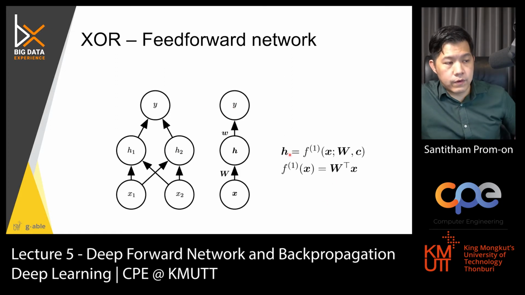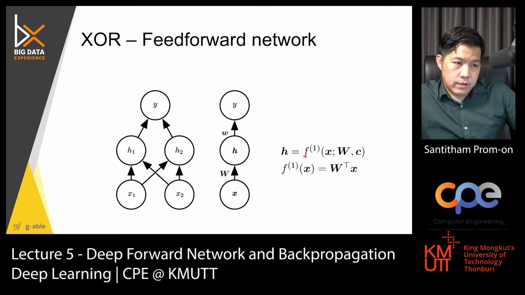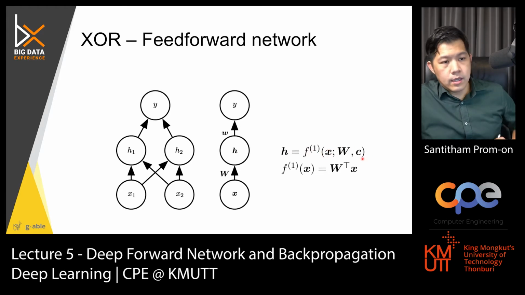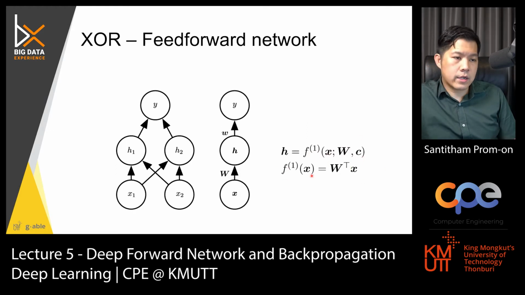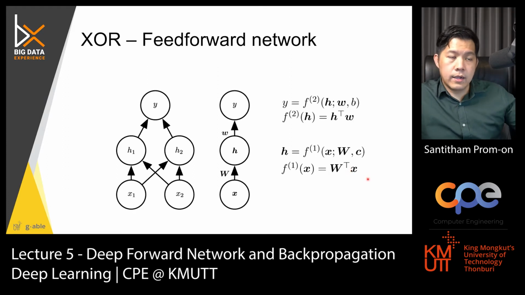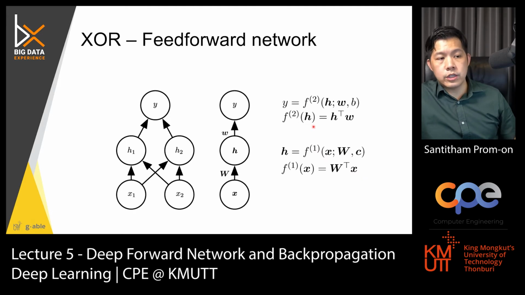For the first one, we have f1 that receives x and has parameters w and c. Think about it as a model where f1(x) equals w transpose times x. And in another layer, f2(h), it receives h, because this is the second hidden layer here.